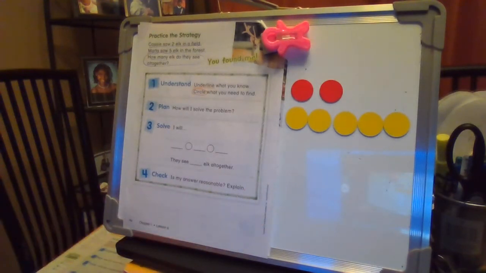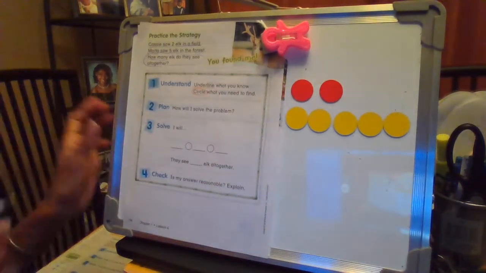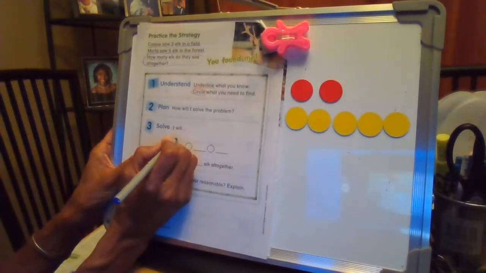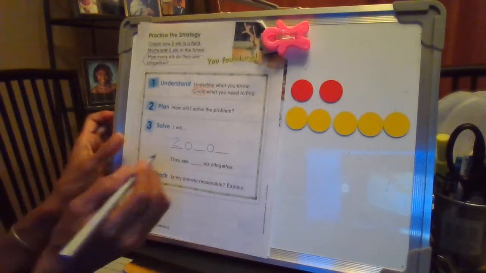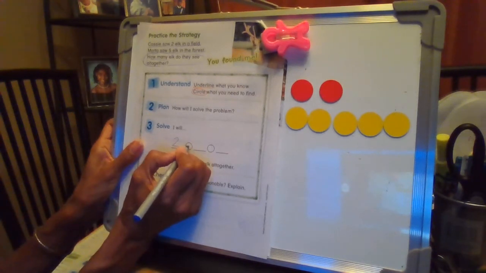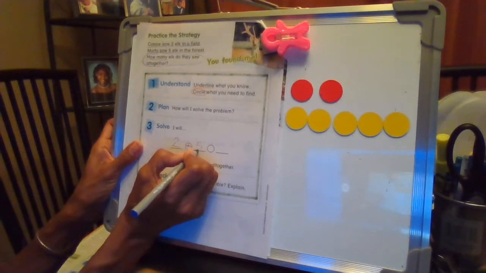Now I need to write a number sentence because that's my strategy. So for 2 elk that Casey saw, I need to write 2 on the first line. Then it says Marta saw 5 elk in the forest. So I'm joining those 2 numbers. I'm going to write my plus, then my 5.